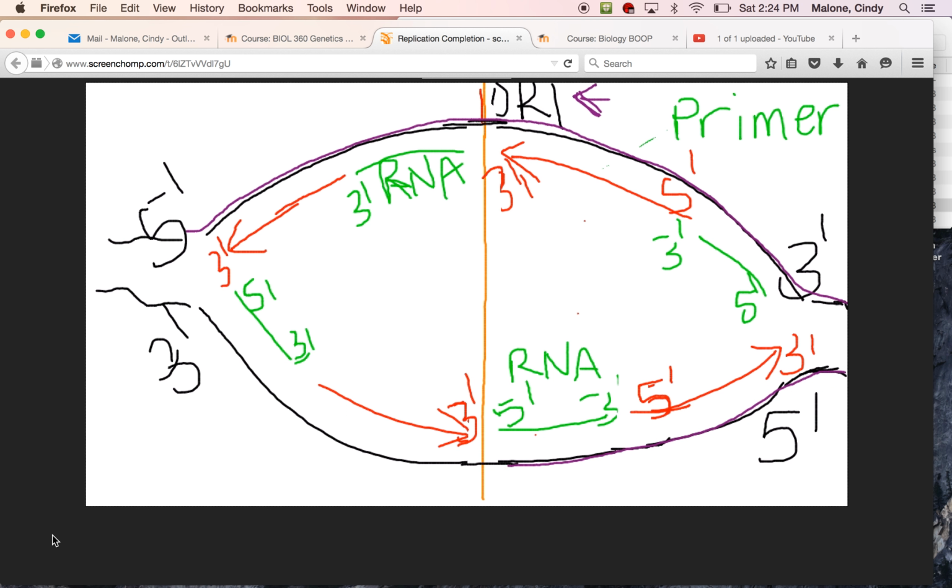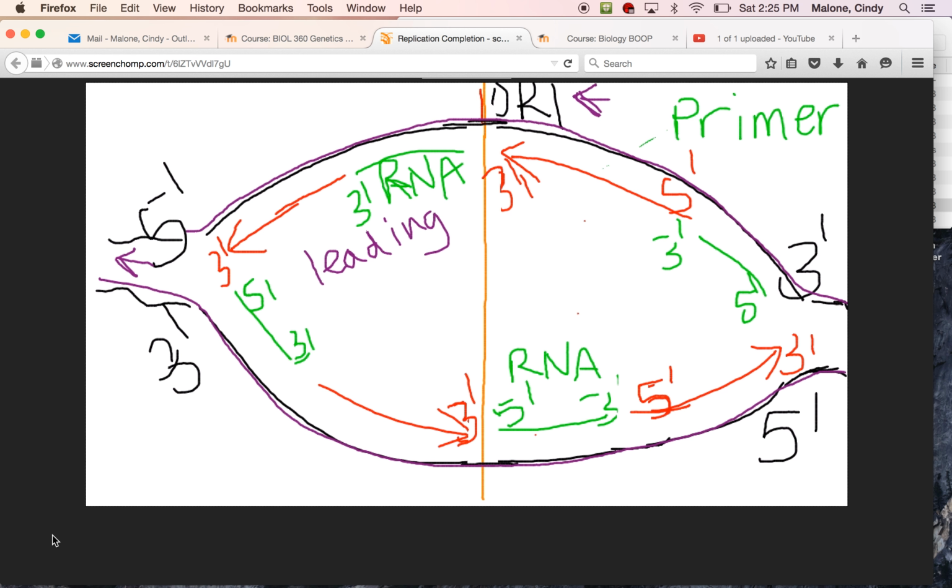So these were the two original strands of the DNA molecule. And as you can see, the red strand going towards the crotch, right there. What would we call that? We would call that new strand the leading strand.